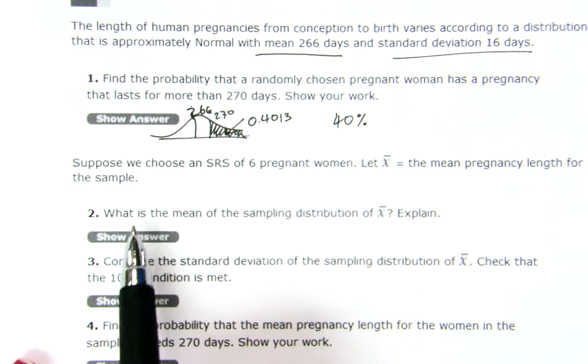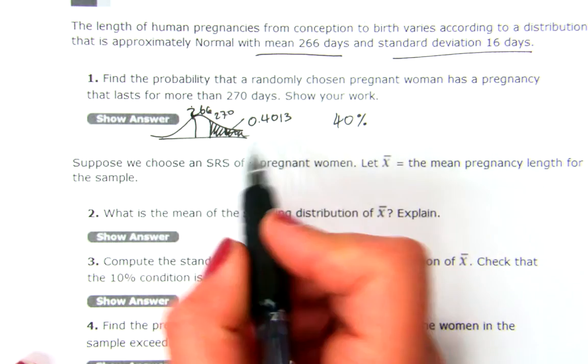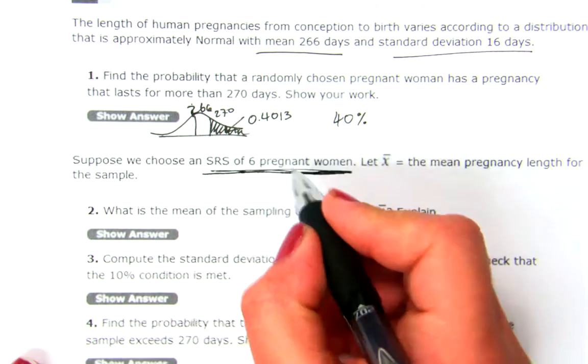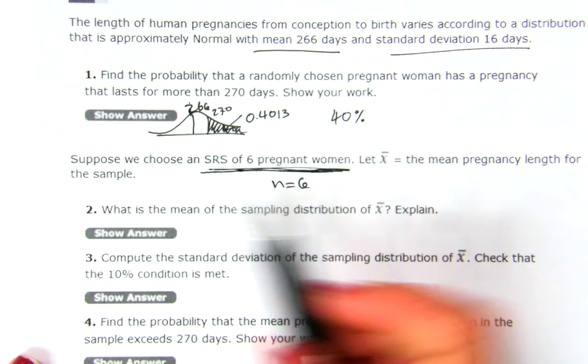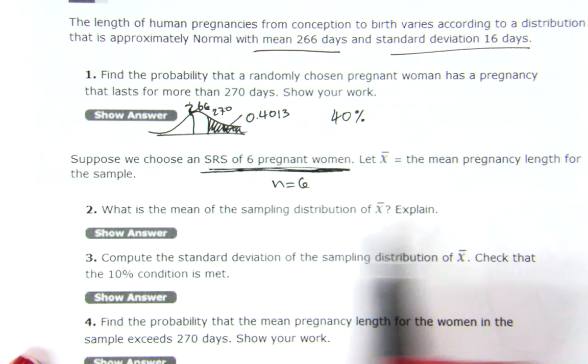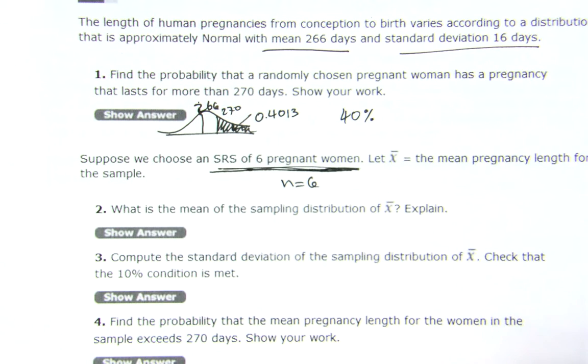All right, number 2, suppose we choose a simple random sample of 6 pregnant women. Okay, so we know our n is going to be equal to 6. Let x bar be the mean pregnancy length for the sample. What's the mean of the sampling distribution of x bar?